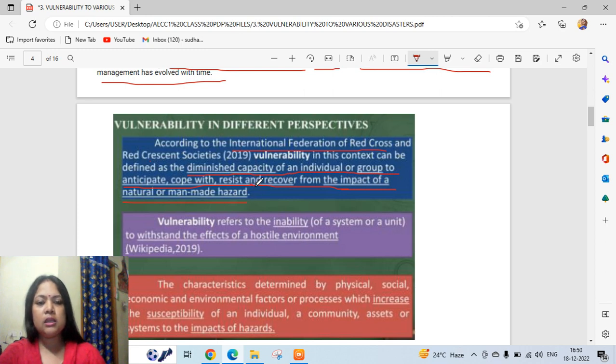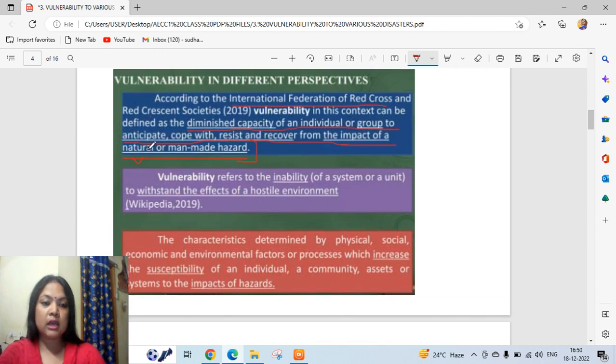I told you in my earlier classes that the sources of hazards are of two types: one is natural, another is man-made, isn't it? So vulnerability means the diminished capacity. Diminished means decreasing, isn't it?